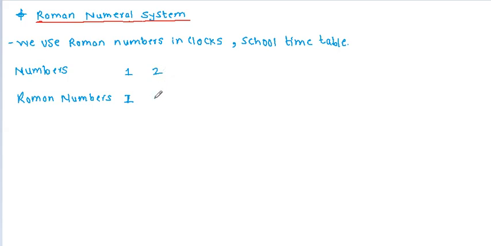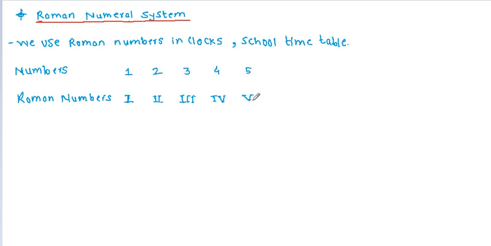This symbol I is called Roman numeral 1. Next, 2 is represented as capital I two times, 3 as capital I three times, and 4 can be written as capital I and capital V.